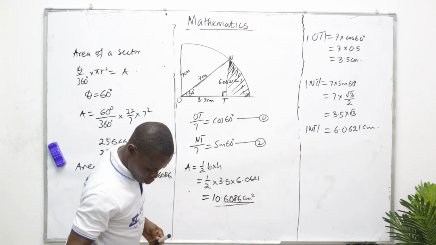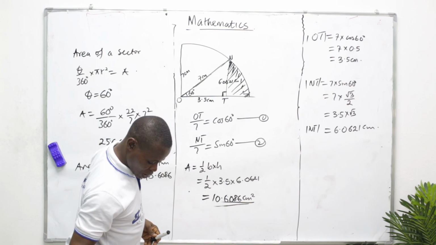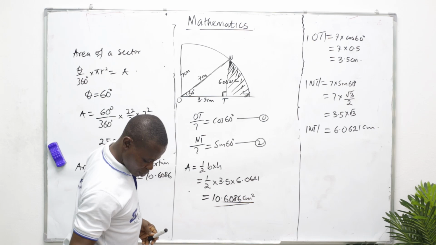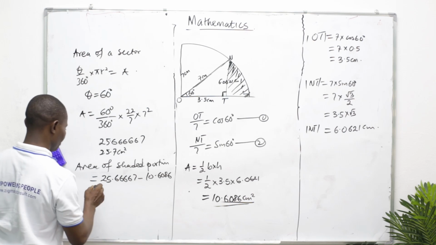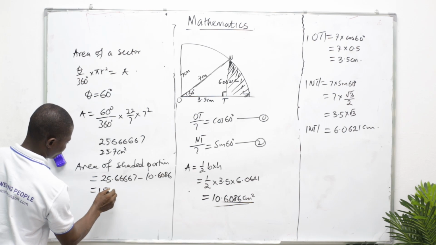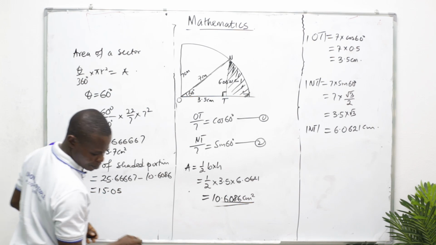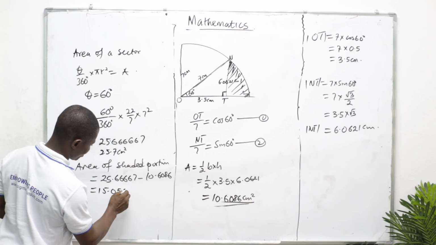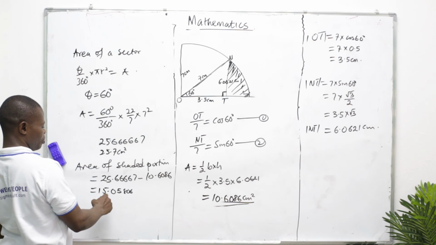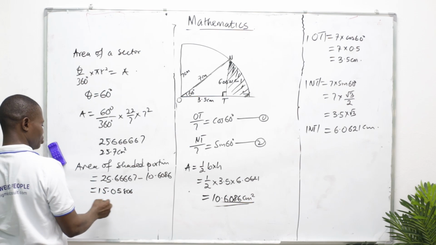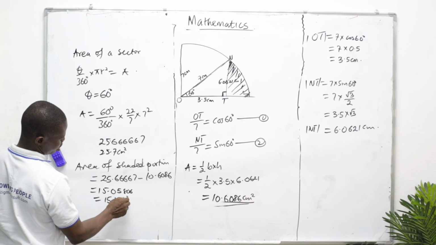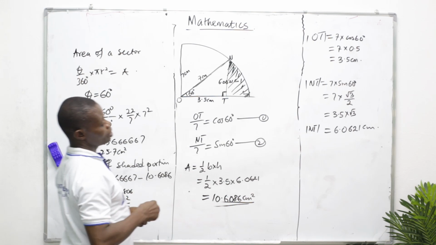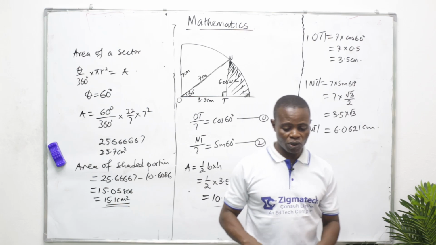Let's subtract before we approximate. Okay, 15.0586. 1 decimal place here. Can 5 approximate? Yes. So 15.1 cm square. This is the area of shaded portion.